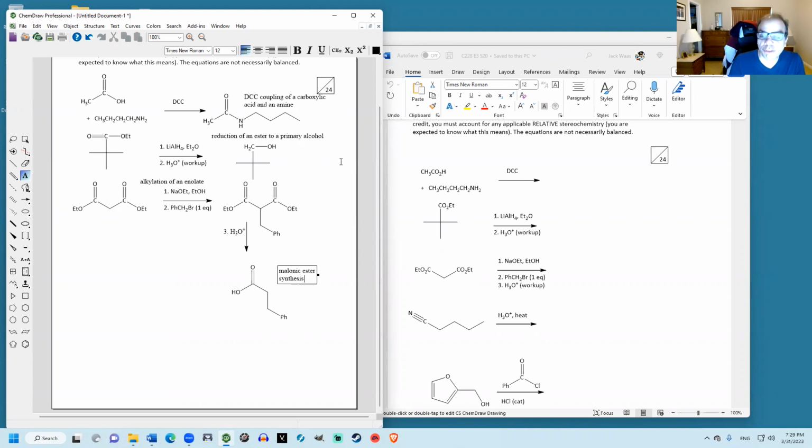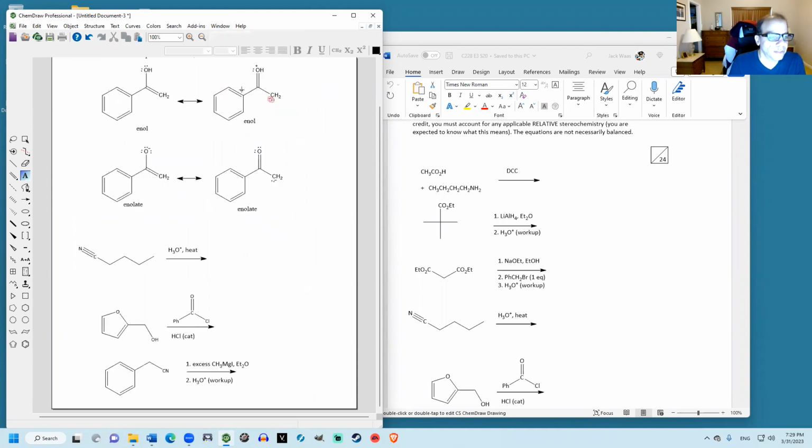So far, so good. Questions on any of those three? So let's do the other one. This next one is acid hydrolysis of a nitrile.